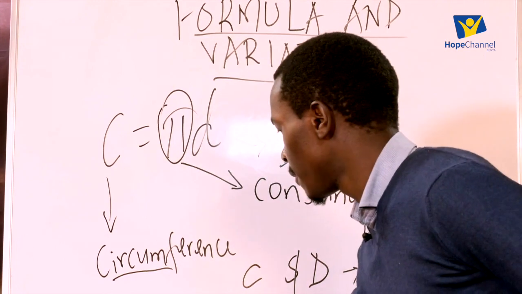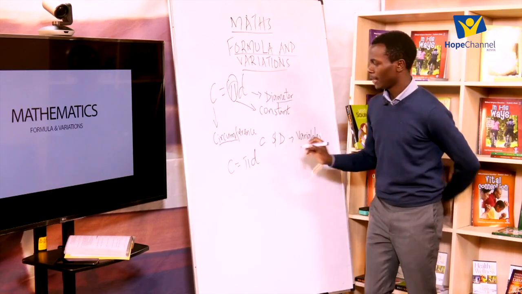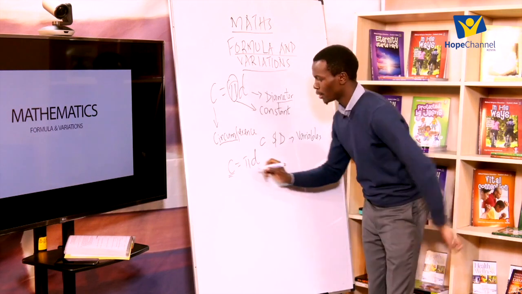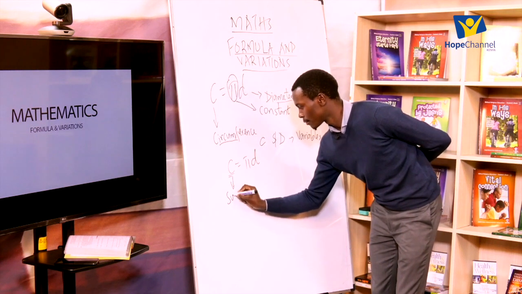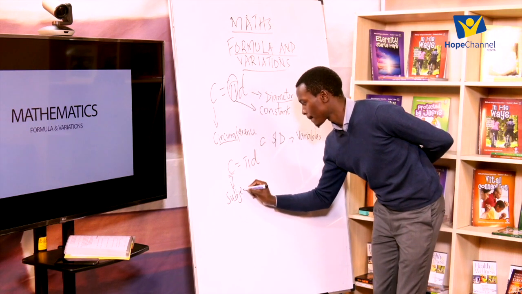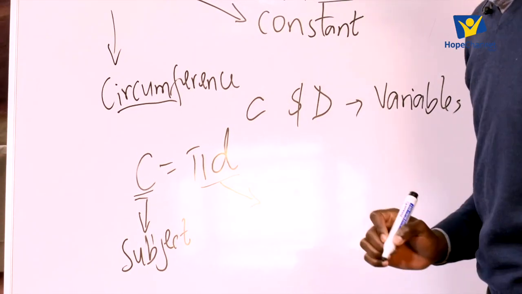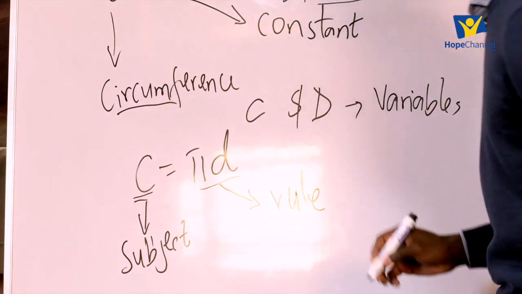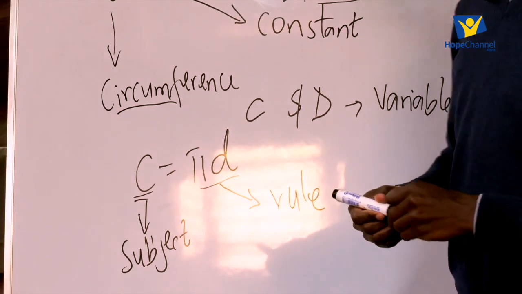Now when we write the formula C is equal to pi d, the first side, C in this case, we call it the subject, while the second side, which is pi d, we call it the rule, which we are going to use to find the circumference of the circle.